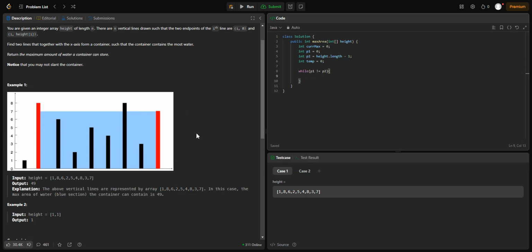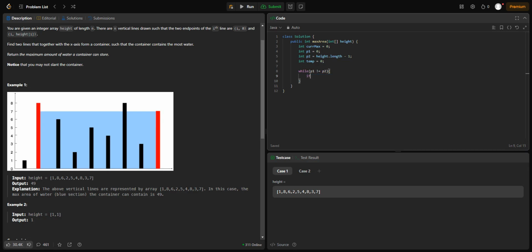I think we could just do int height equals height at P1. So you could do, is it larger than height at P2? But we're actually going to need to know which one to change.